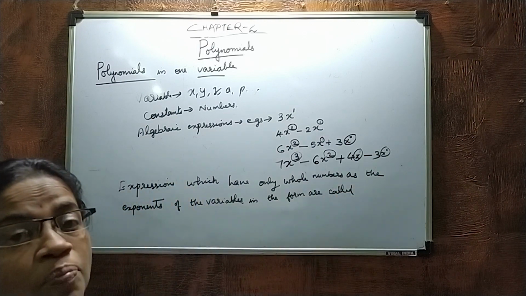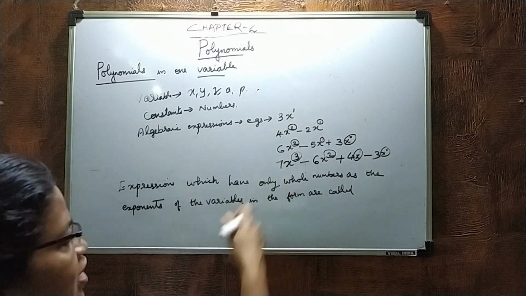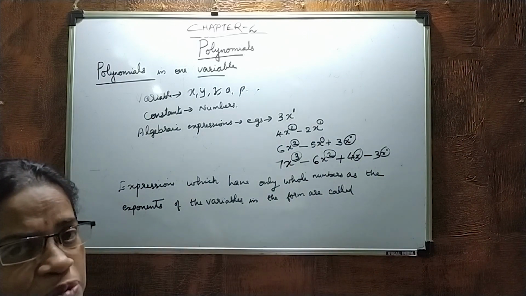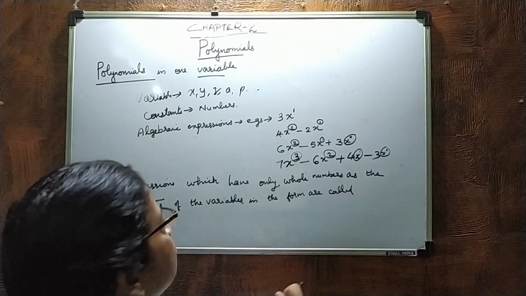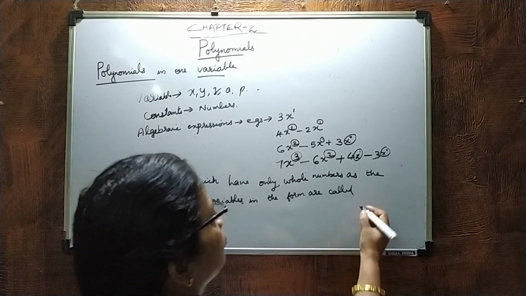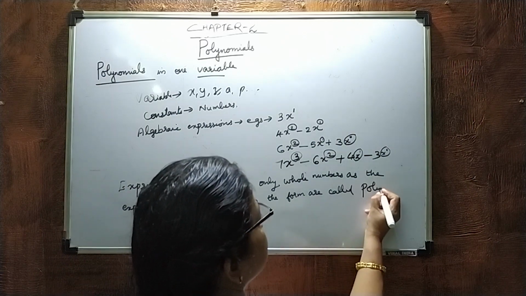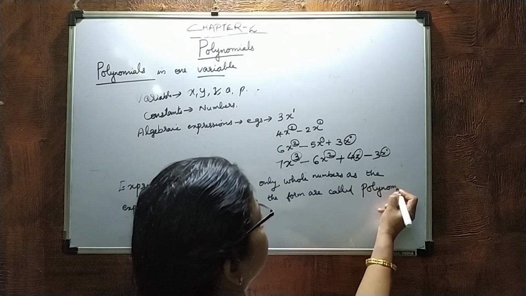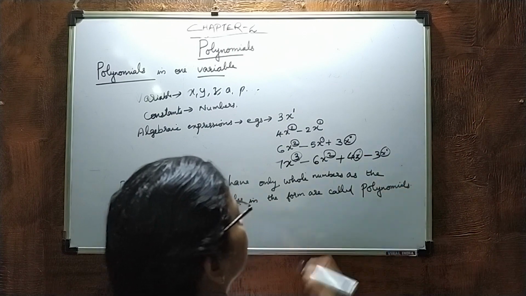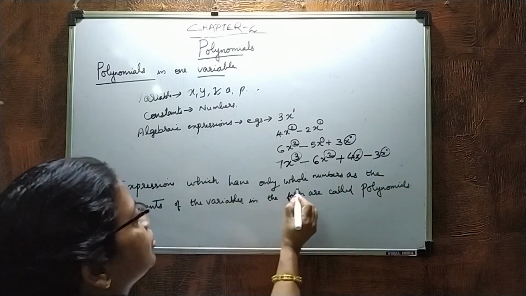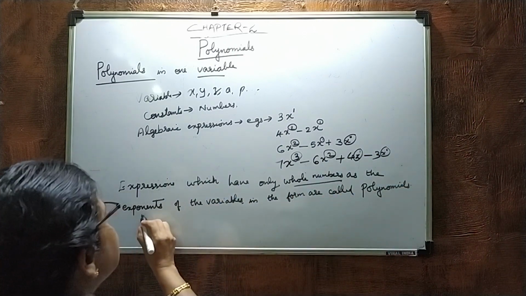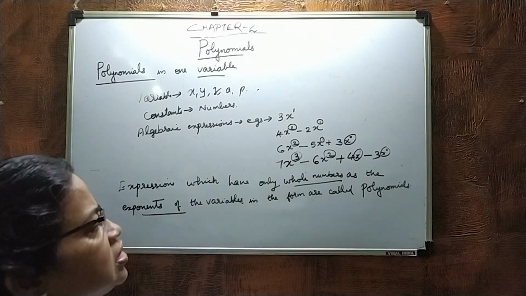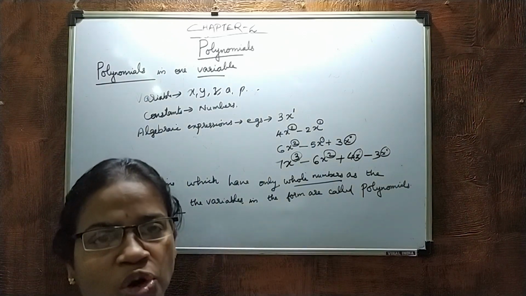They are called polynomials. So, these expressions which have the exponents as whole numbers are called polynomials, right? Which have whole numbers as the exponents of the variables are called polynomials.